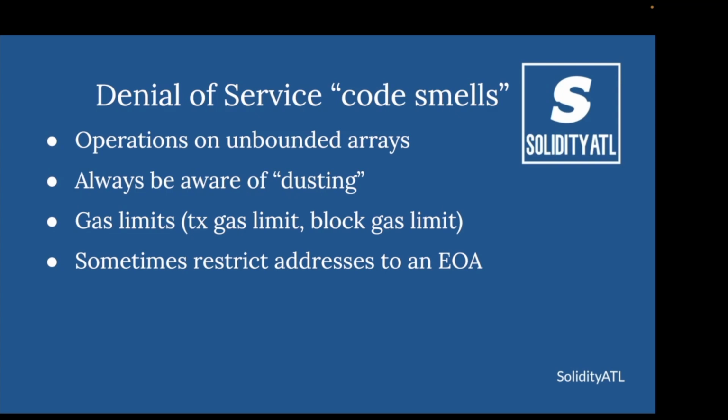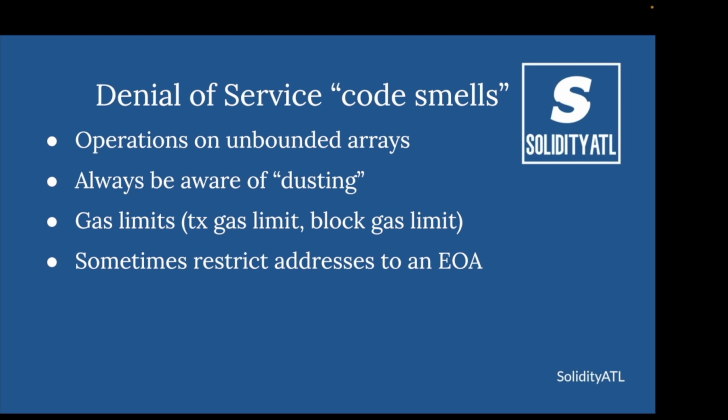Now, when you're writing code or reviewing code, what are some code smells that may indicate a denial of service attack vector? Firstly, operations with unbounded arrays, like in the Anchor Finance example, where we saw iteration over an unbounded array of bids.